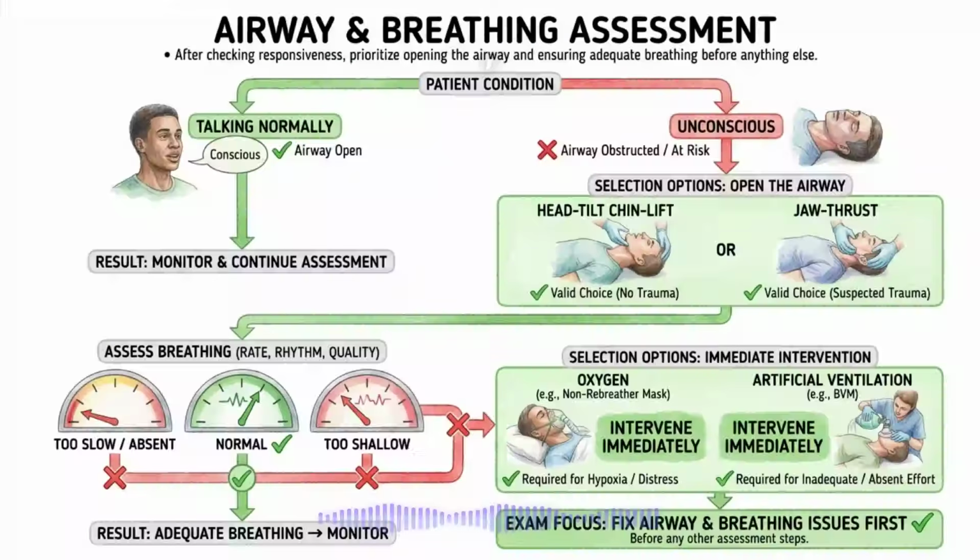Once you determine responsiveness, you move to assessing the airway and breathing, prioritizing these above all else. If the patient is talking to you normally, their airway is open. But if they are unconscious, you must manually open the airway using a head tilt chin lift or a jaw thrust maneuver.